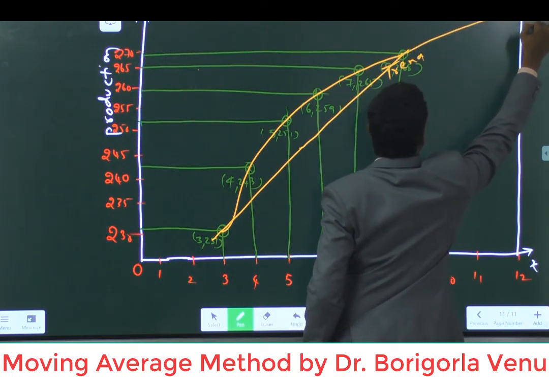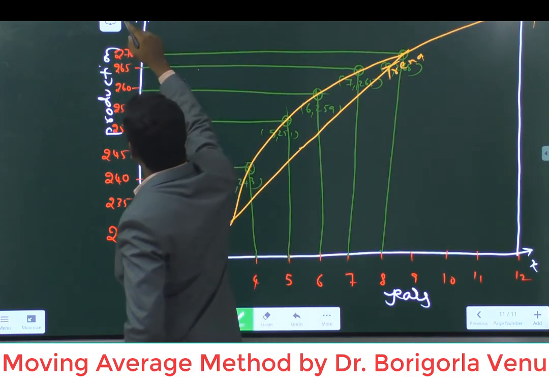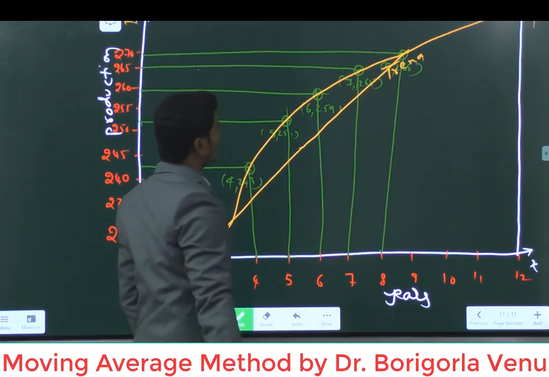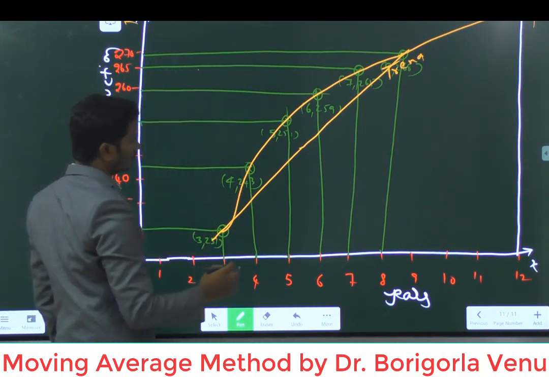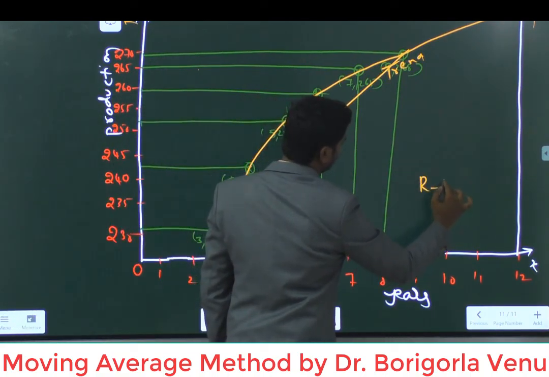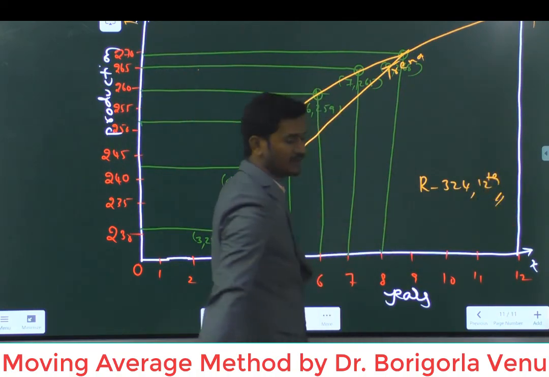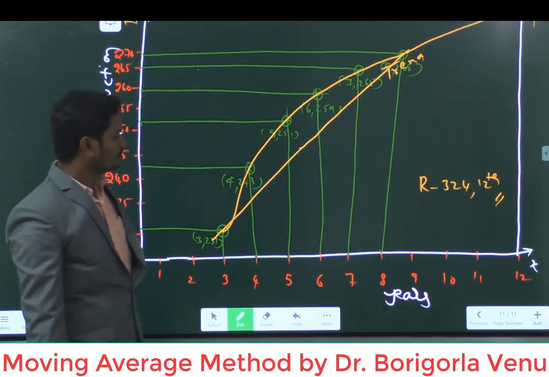This point is called the M point, and this value is called the R value. From this trend we got the R value as 324. So here we get the R value as 324 at the 12th year. So this is the 5 years moving average. Okay, thank you.